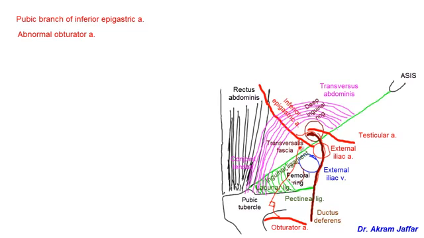It should be kept in mind because surgical operations at this region dealing with the lacunar ligament and the femoral ring might injure this abnormal obturator artery and result in considerable bleeding.